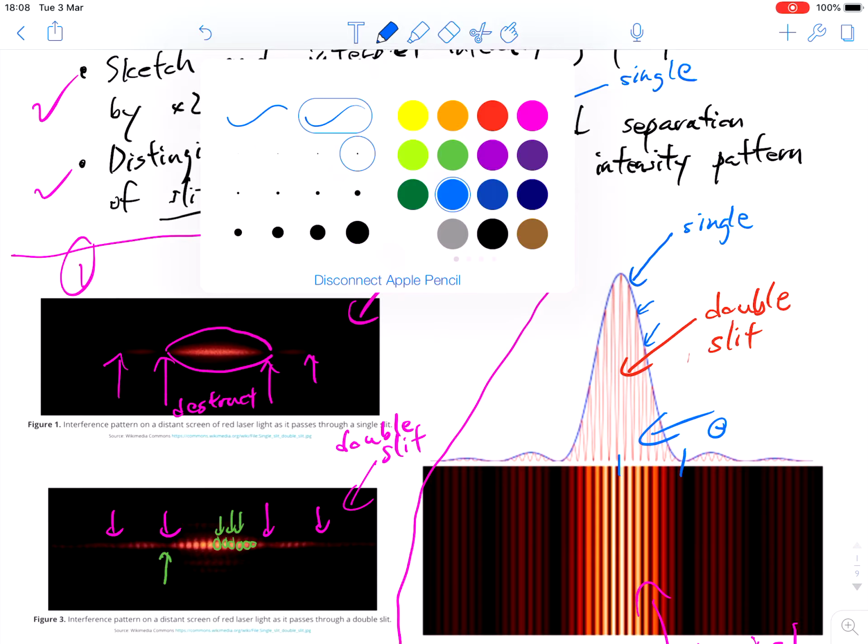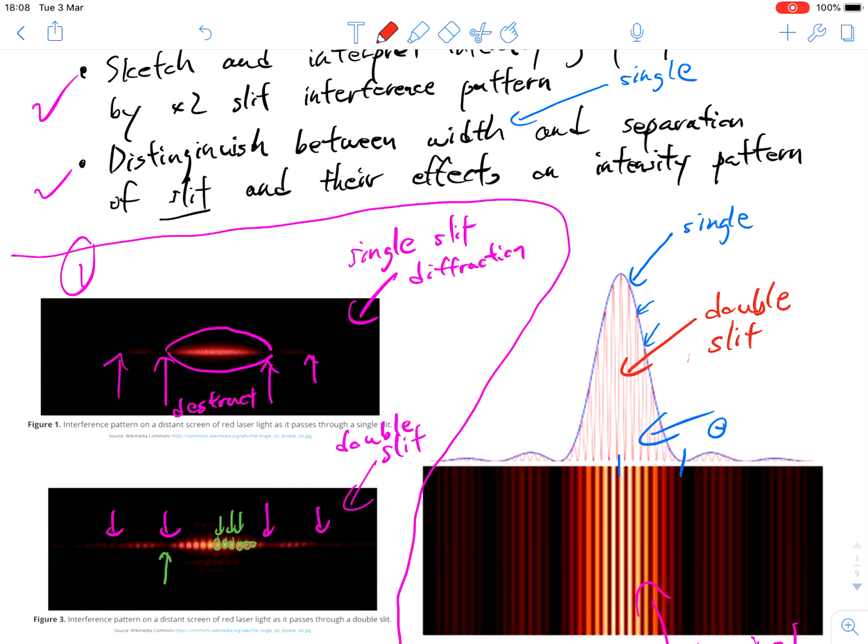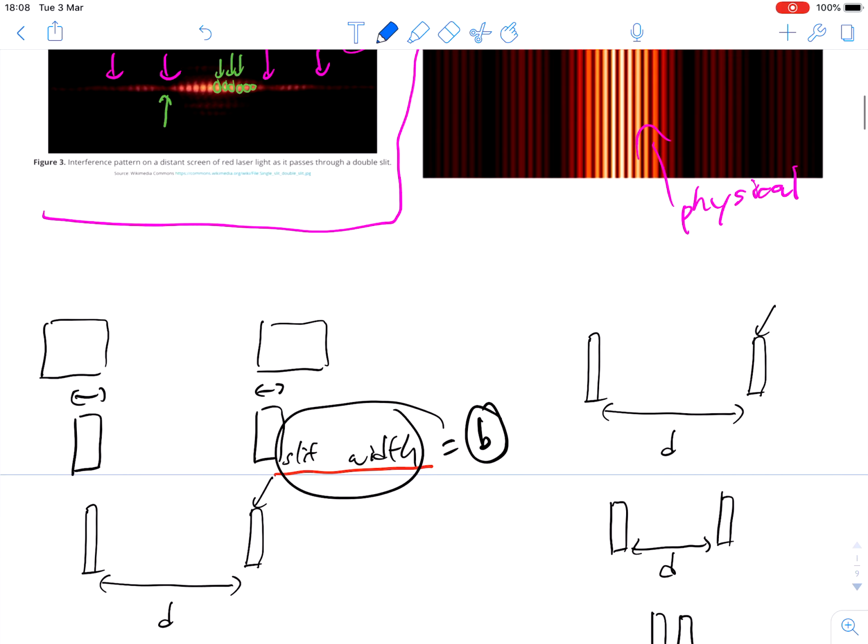Hopefully that's making some connections in your brain. And the separation of the slit is the double slit. So there are two different variables for two different formulas, but they're both working together in the same experiment, as we can see.